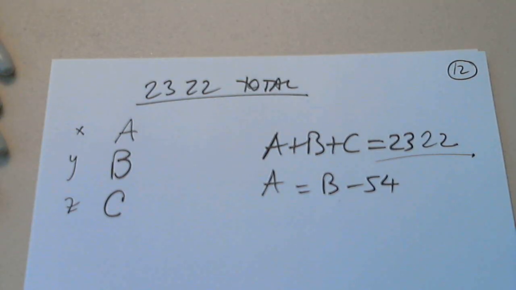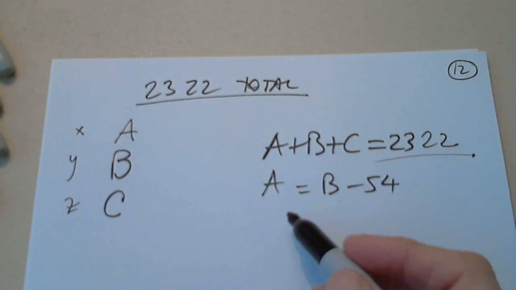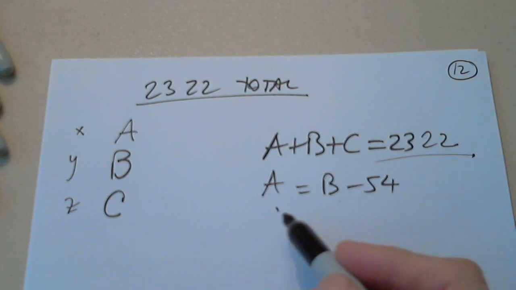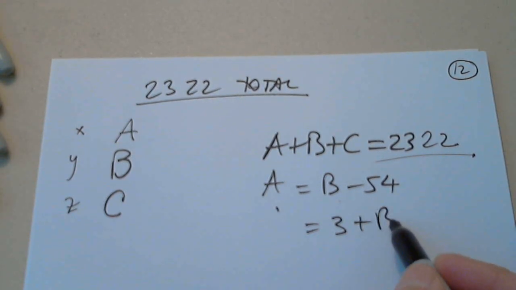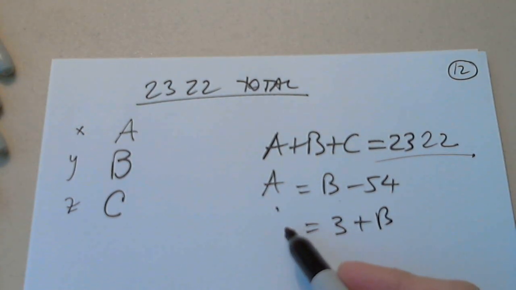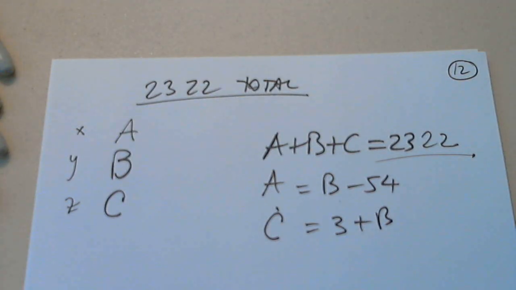Perfect. That's it. Reading on. Person C received 3 more than person B. Person C received 3 more than person B. 3 plus B equals C. Good. That's all I need.